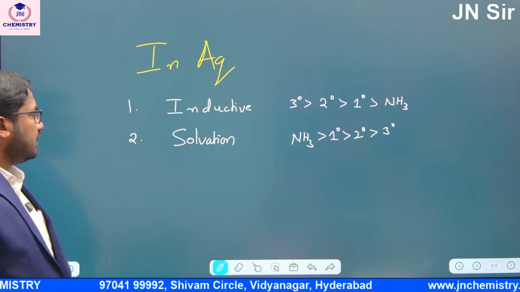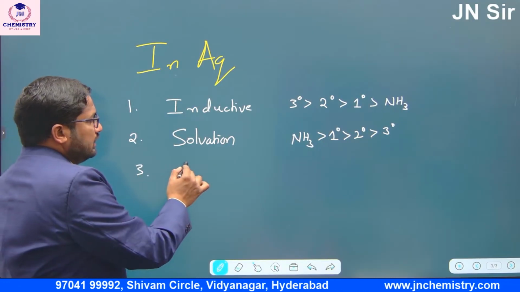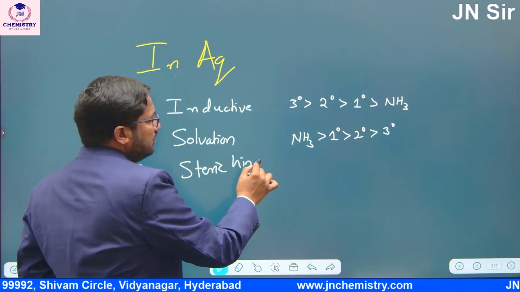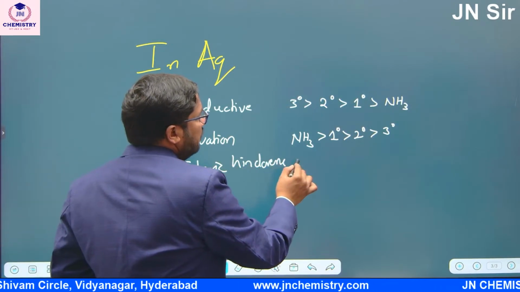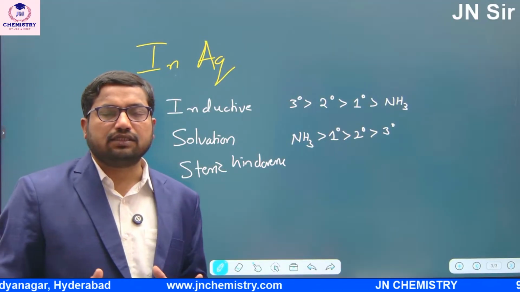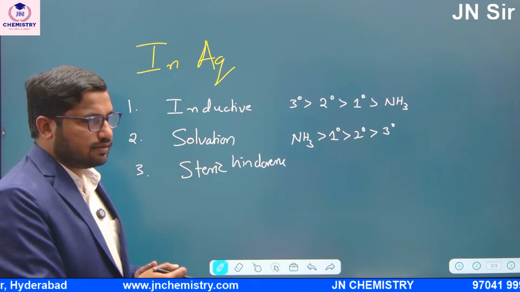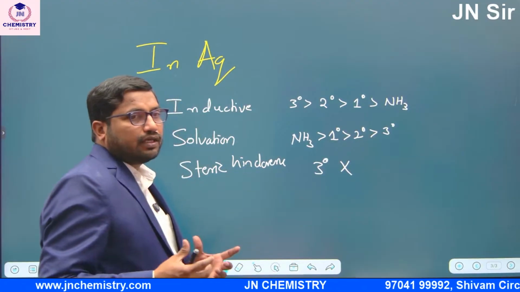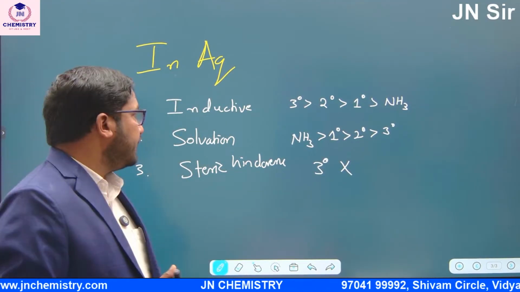And one more effect applying here is steric hindrance. According to steric hindrance, if the bulkiness increases, the basic nature decreases. So 3 degree has increasing bulkiness. I'll explain one by one.